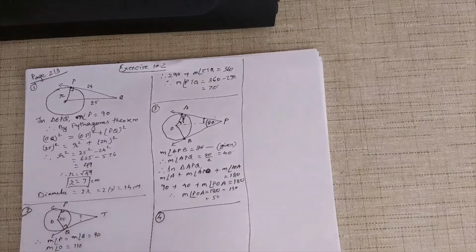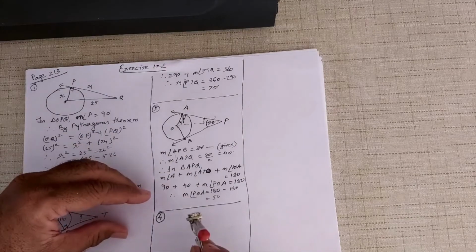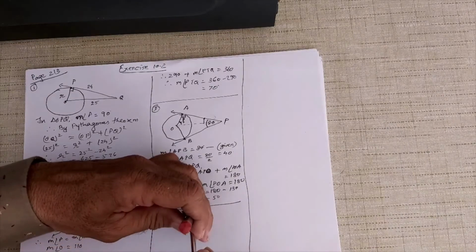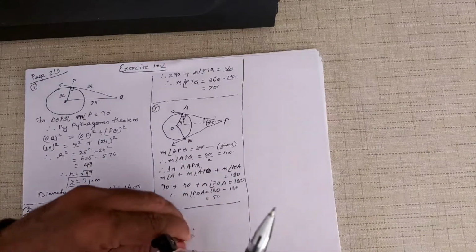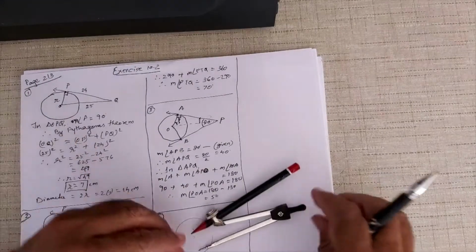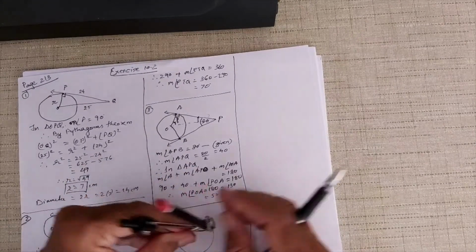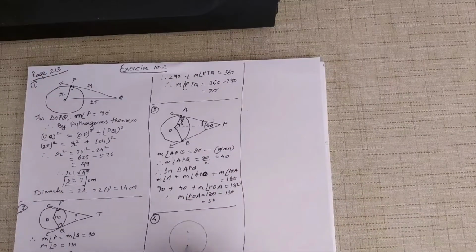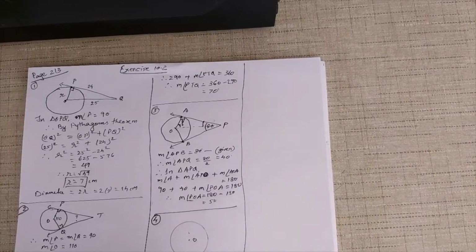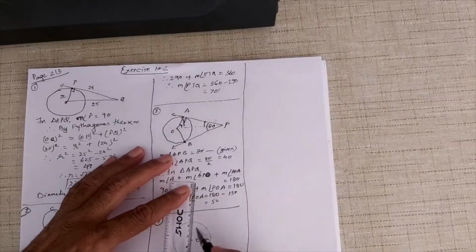So supposing, here I will just make a small figure. There is no need to make a very big figure. But let us suppose that we have a circle here, with center O and radius R. Now what we need to do is make a diameter.